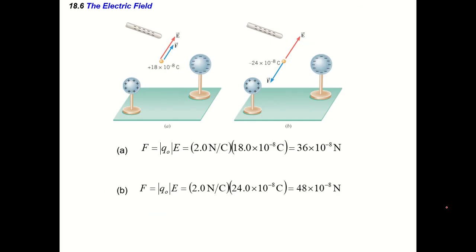Alright, so the calculation is something like this. From the formula, E is equal to F over Q, or we can solve for F equal to Q sub 0, the charge, multiplied by the electric field.